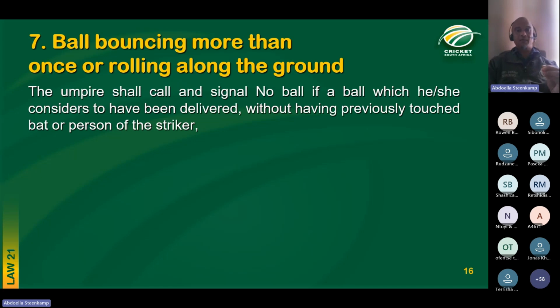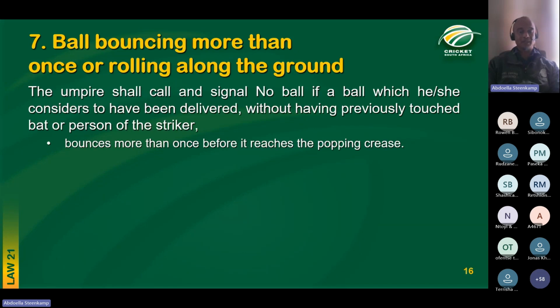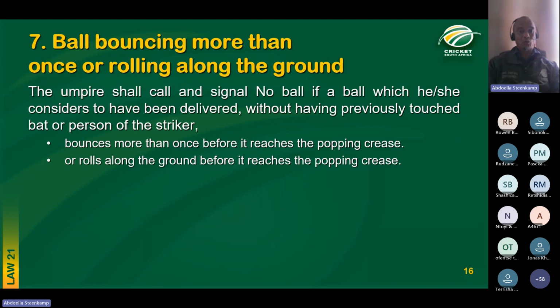So the striker's end umpire needs to call and signal no ball if the ball was delivered and didn't touch the bat or person, and this ball bounces more than once before reaching the popping crease. If the ball bounces a second time before reaching the popping crease, the umpire needs to call and signal no ball. The striker's end umpire is in the best position to call it.